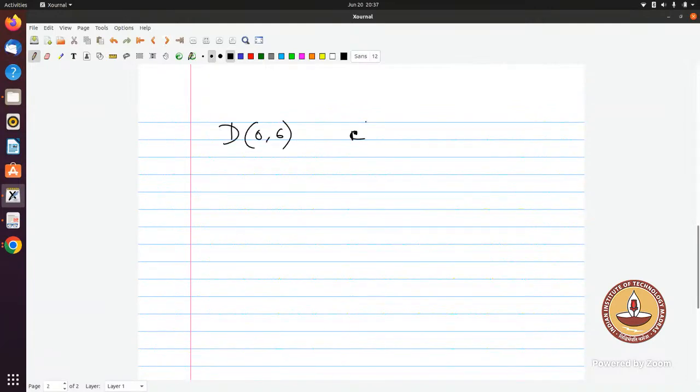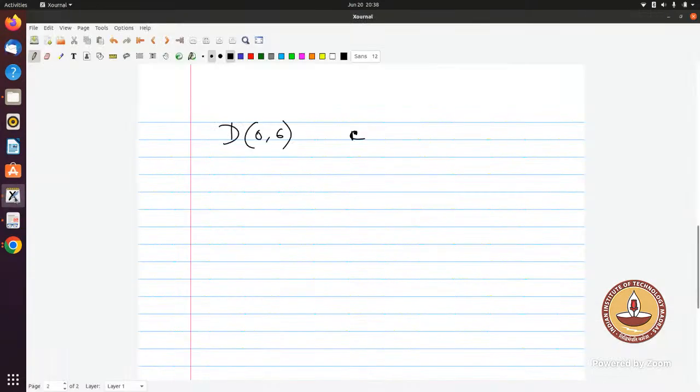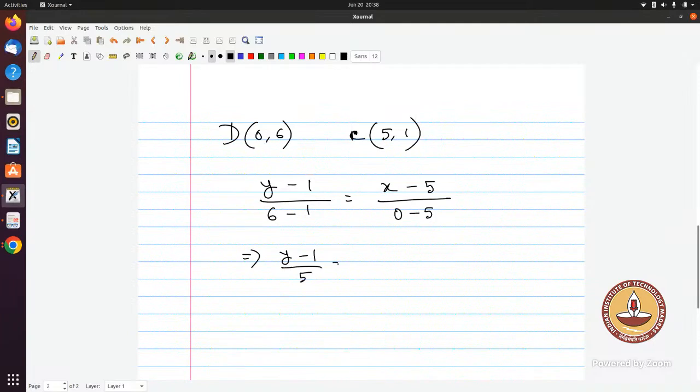Now the coordinate of point C is also given, 5, comma 1. If I know these two points, I can find the equation of L1. How? Y minus 6 over 1 minus 6 equals x minus 0 over 5 minus 0, from the two-point form.